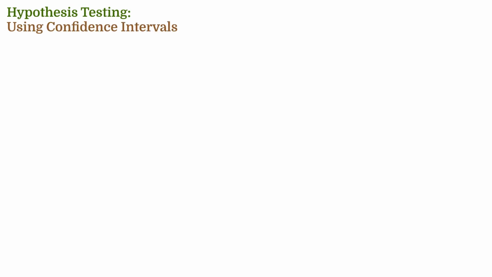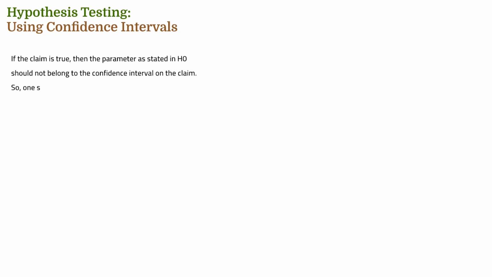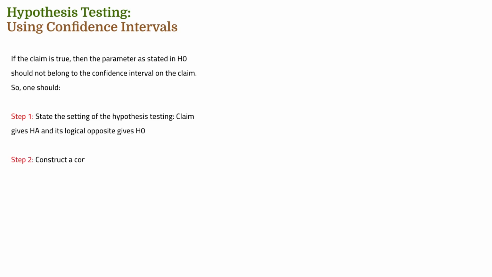Hypothesis testing using confidence intervals. If the claim is true, then the parameter as stated in H0 should not belong to the confidence interval on the claim. So one should, step one, state the setting of hypothesis testing. Claim gives HA and its logical opposite gives H0.